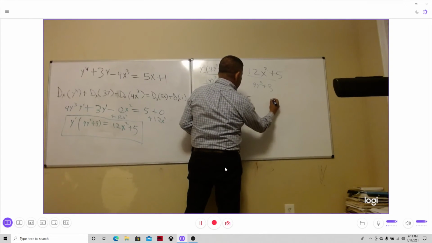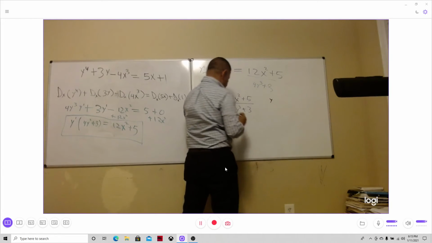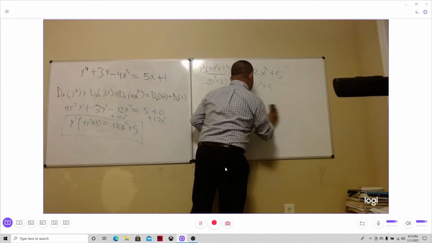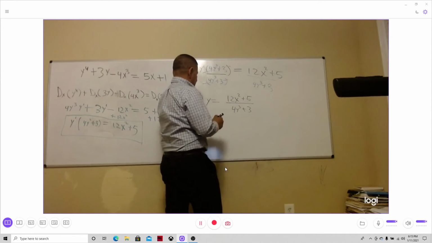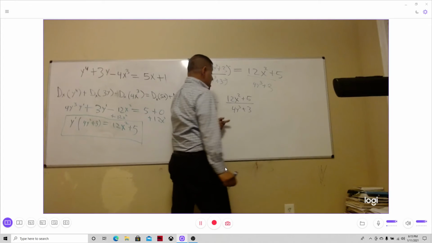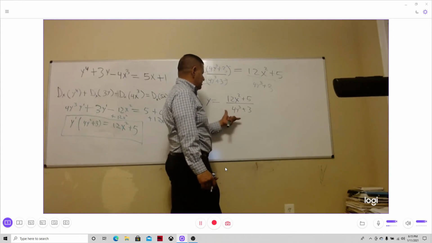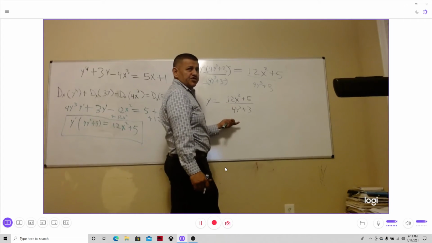Now, this is what the book said, right? So this would be a good answer for somebody who is asking you to differentiate this type of function, right?